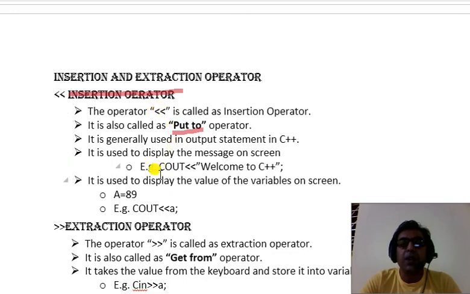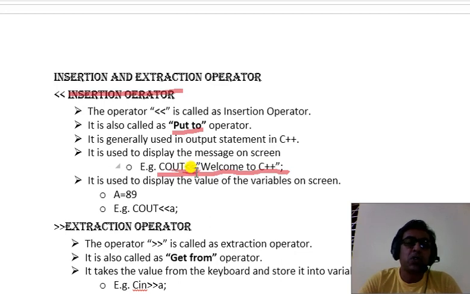For example, I have written cout welcome to C++. I have written Welcome to C++ in double quotes. So it will display the message welcome to C++ on screen. For that I have used this insertion operator. So the insertion operator is used to display some message on the screen.